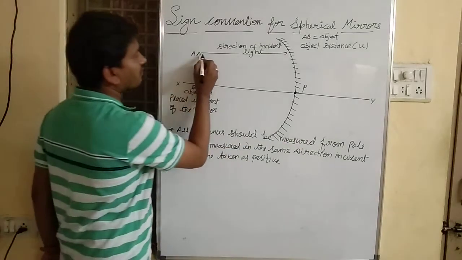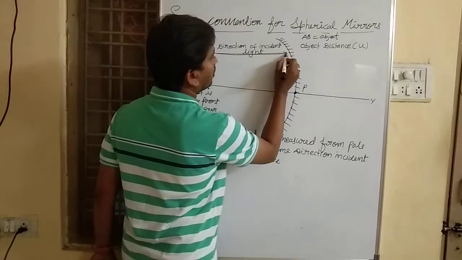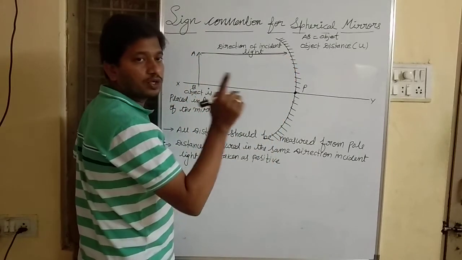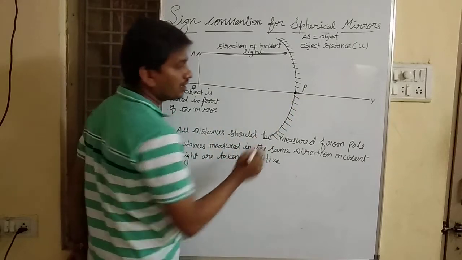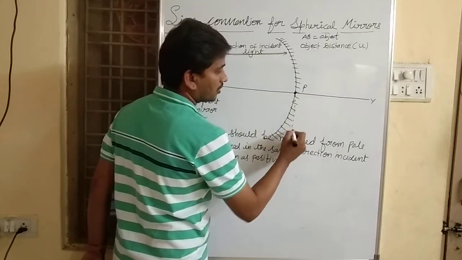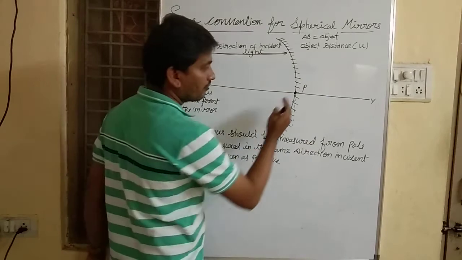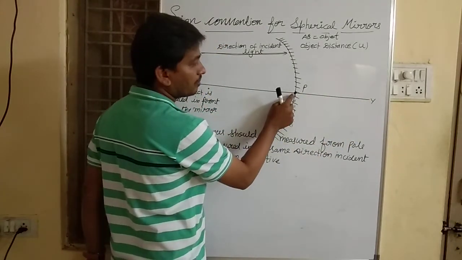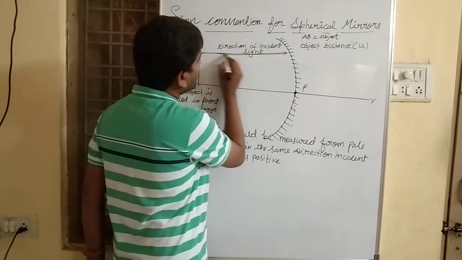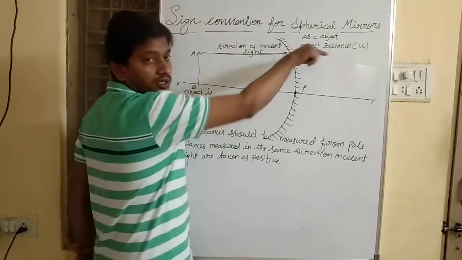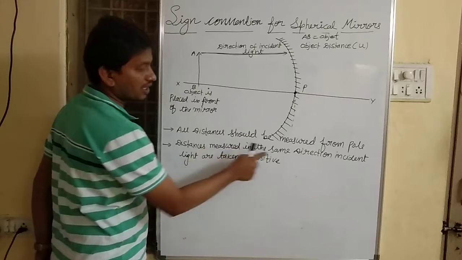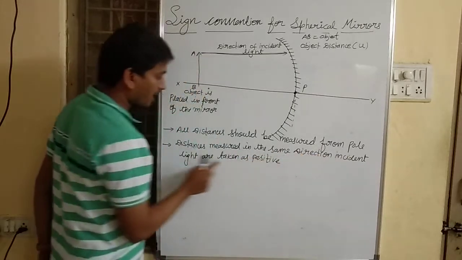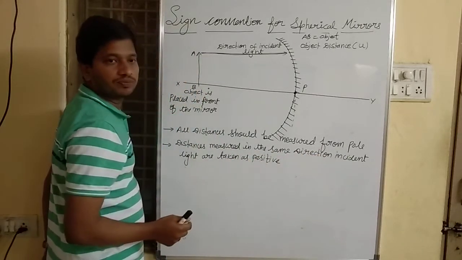This is our direction of incident light. As we know, all distances should be measured from the pole only. If you measure from here, from the pole, the direction of incident light is this direction. Distances measured in the same direction of incident light are taken as positive.